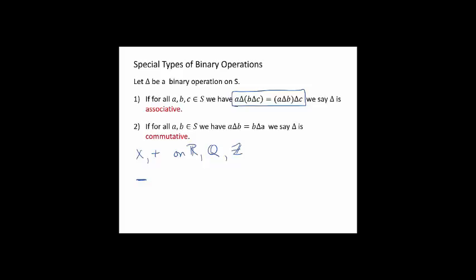To show that it's not associative, all you need is an example. Subtraction is not associative, and just an example will do. 1 minus 2, minus 3 is not equal to 1 minus (2 minus 3).